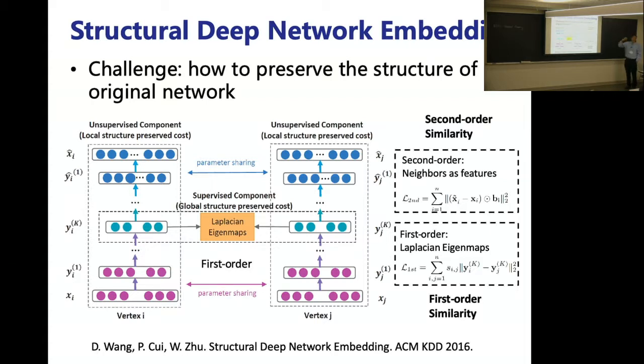Sometimes we even have third order or fourth order. So this way, deep learning has the advantage of being nonlinear and can capture these high order similarity relations. So we can formulate it as first order, which we call local relation. First order is a direct connection of the graph. So we can capture this in network embedding.